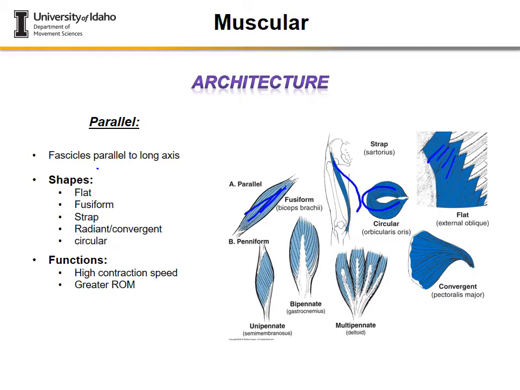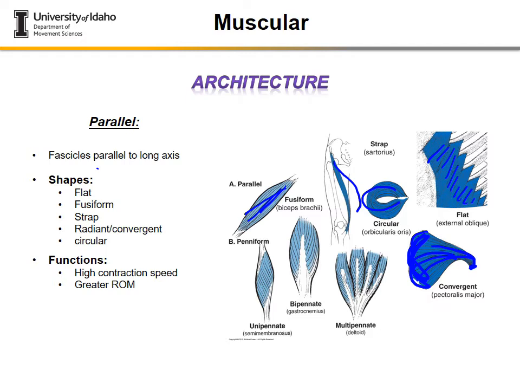These are flat, like some of your obliques. Then you also have the radiant or convergent, which is like a lot of your pec major, where it originates at a big flat area, and then it all converges on the insertion into the humerus. So it summates all that force being produced by individual fibers into a small location.